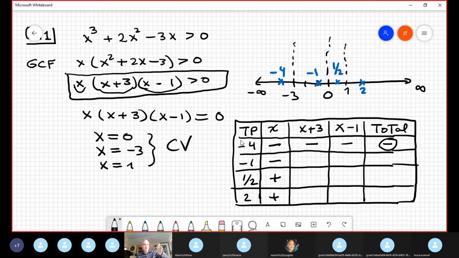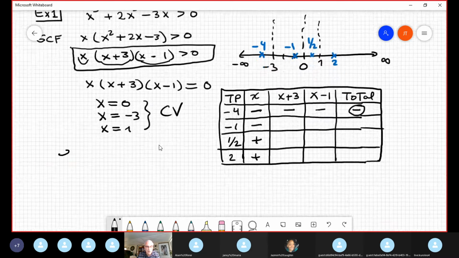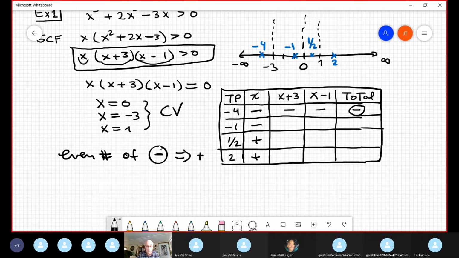Because minus times minus times minus. The clue of the identification is: if you have an even number of negatives, the conclusion is positive. If you have an odd number of negatives, the conclusion is negative, no?